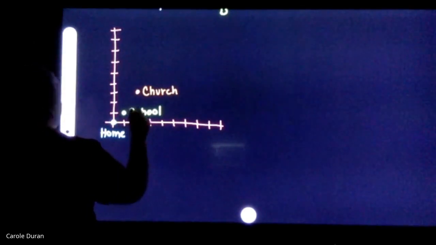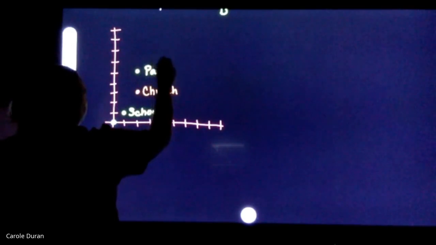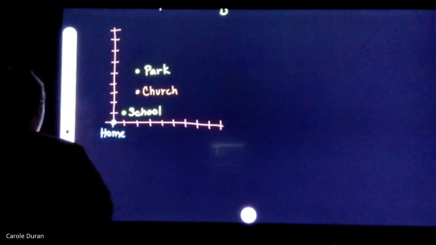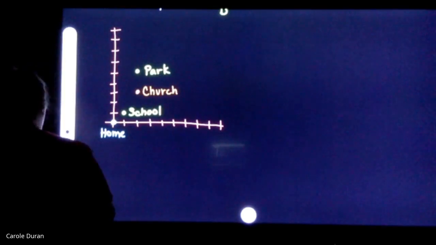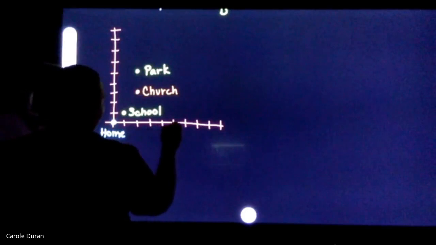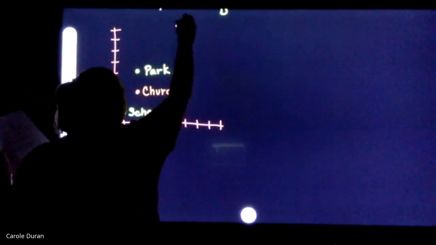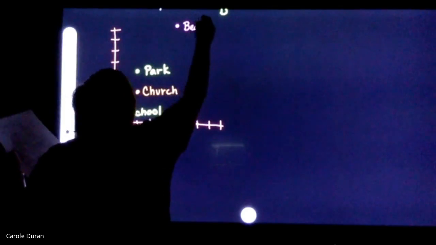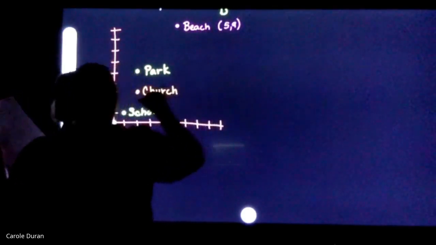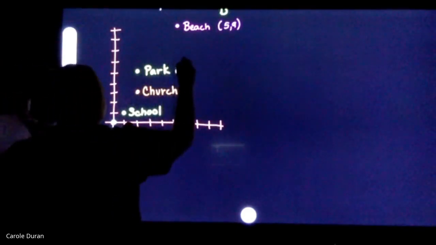The park then is going to be at 2, 5. And then finally, we're going to have the beach way up there at 5, 9. I'm going to go ahead and write the coordinates for you just so you have them in case you are lost.